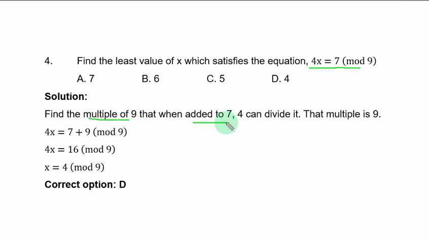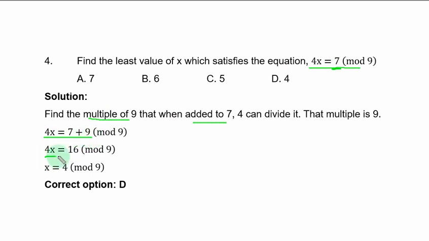Multiples of 9 include 9, 18, 27, 36, and so on. Among all these multiples, the one that can be added to 7, when 4 divides it, there is no remainder, that is 9. So you have 4s equal to 7 plus 9 modulo 9.